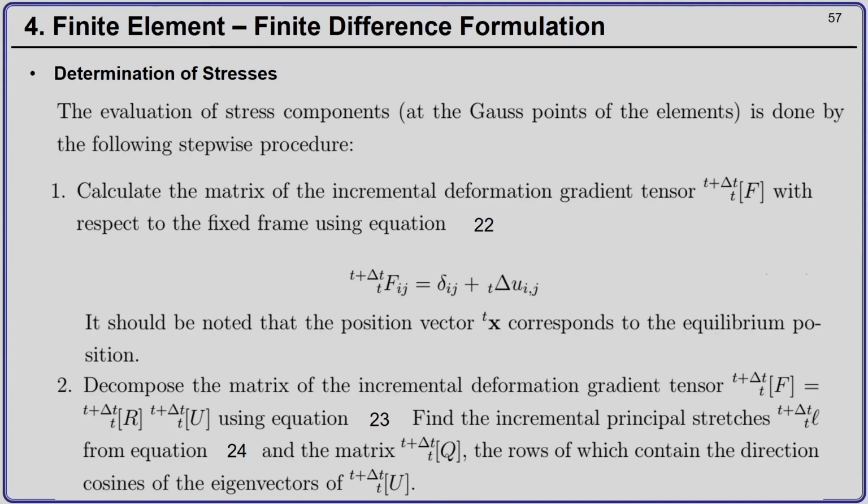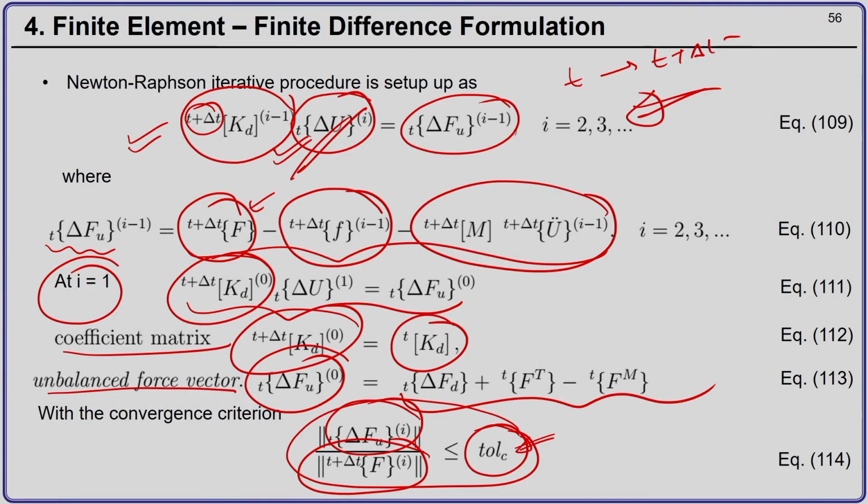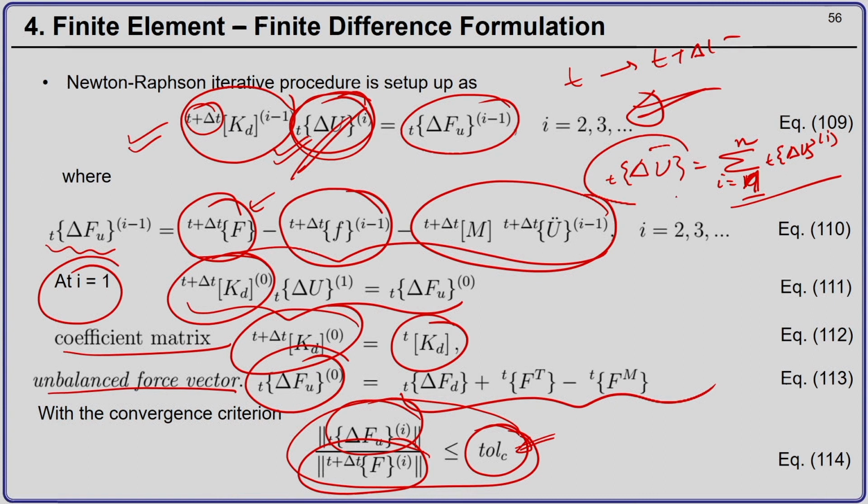Now, how do you determine the stresses once you have determined the displacements? Once you have determined this delta u, your delta u at t will be the summation, I goes from 1 to n, where n is the number of Newton-Raphson steps that you do, of d delta u I. So, at the end of the nth iteration you will have the incremental displacement.